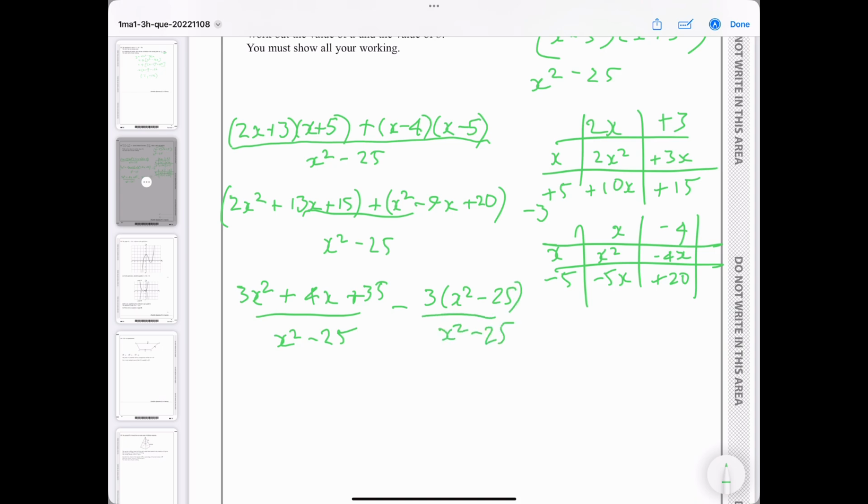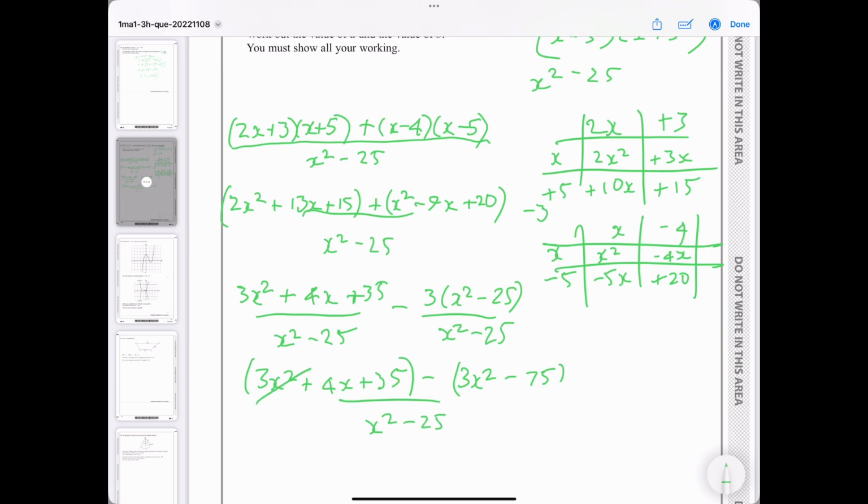So that means you get 3x squared plus 4x plus 35 minus, and that's 3x squared minus 75. I'm just going to put those in brackets again, over x squared minus 25.